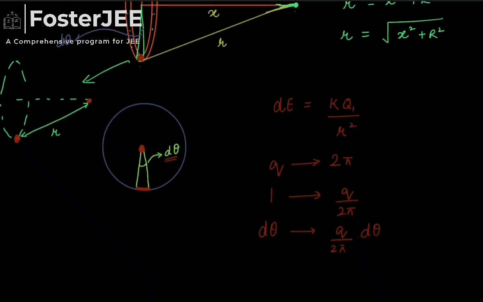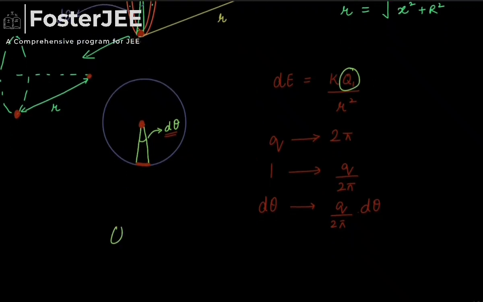So this is the charge on this particle, which we have assumed as q1. So we will write q1 equals q upon 2 pi d theta.